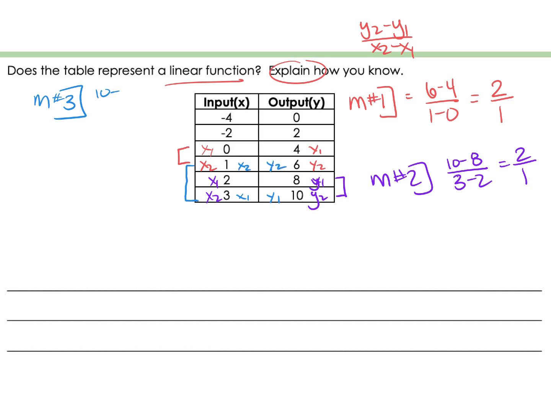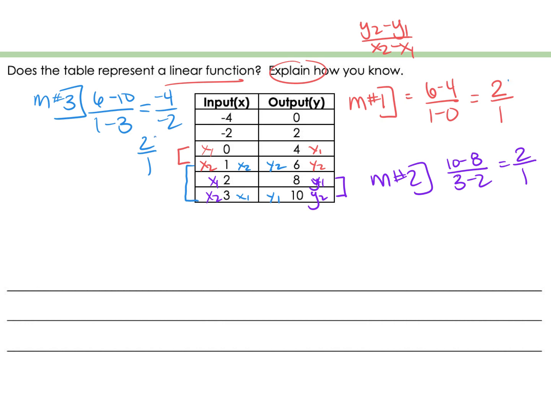Okay, start over. y2 minus y1 is actually, I messed up, what's my y2? 6 minus 10, and my x2 is 1 minus 3. Ew, they're negatives. I should have changed the order, but that's all right. This is a negative 4 over a negative 2, which actually ends up being 2 over 1. Now look, everything's the same.